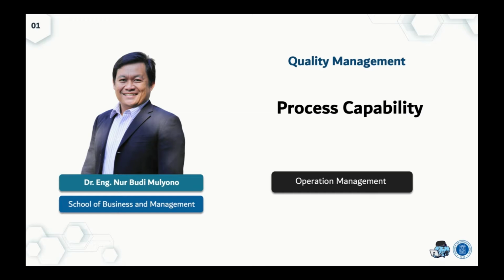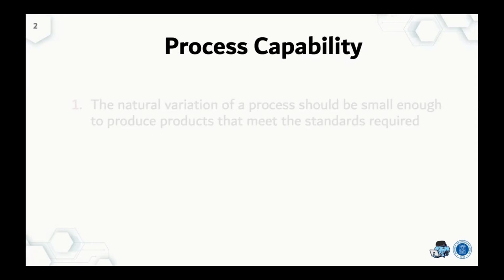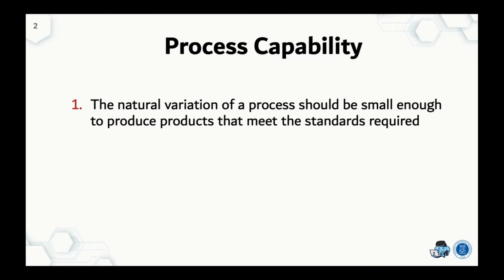In this video, we will continue further with the topic of process capability. How capable the process is, let's see in detail. We discussed in the previous video that the natural variation of a process should be small enough to produce product that meets the standard required.